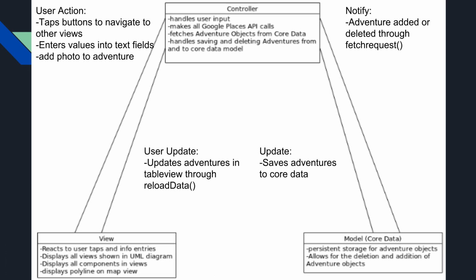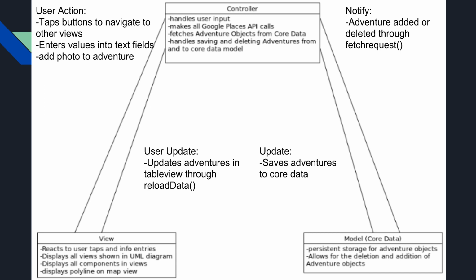Just starting at the view part of the MVC architecture, it reacts to how the user interfaces with the application. So it reacts to taps. It'll take in data that they type into the text fields, and it also displays any components on the map or in the table view, or any photos that you want to display also.